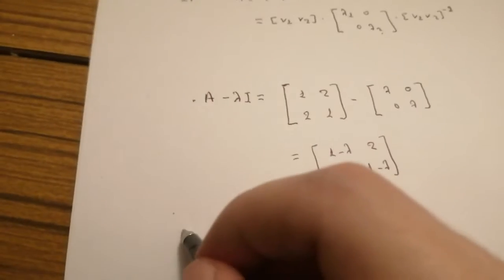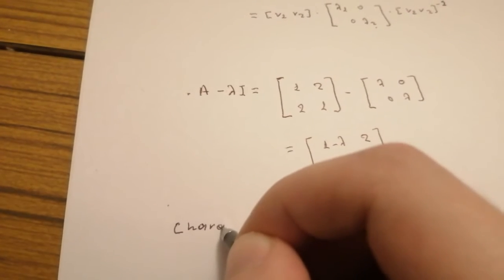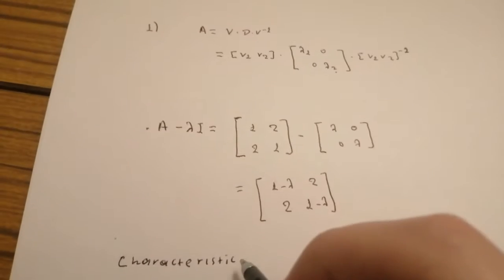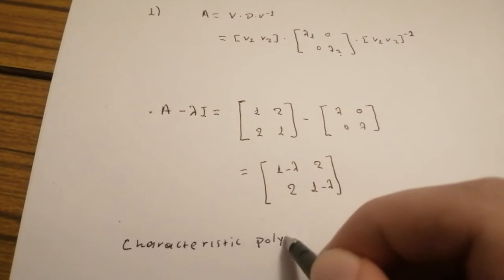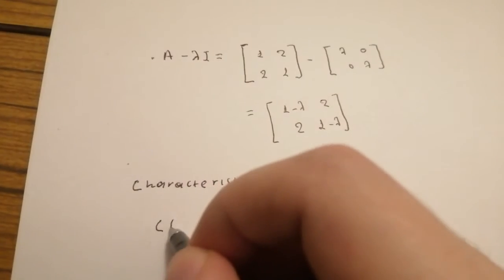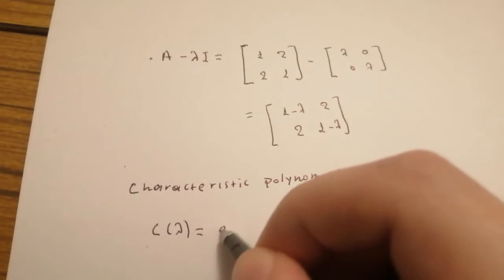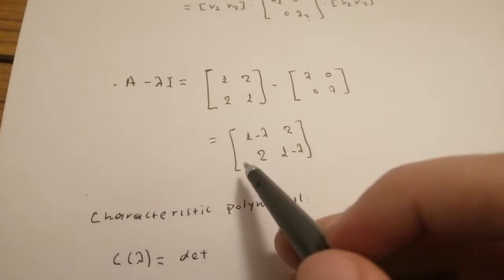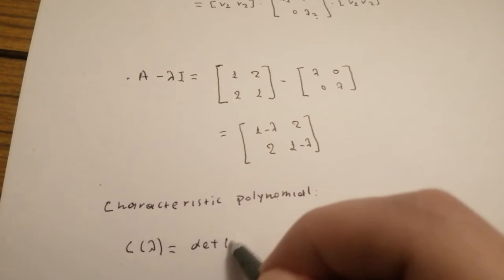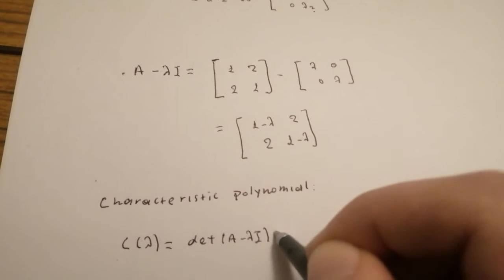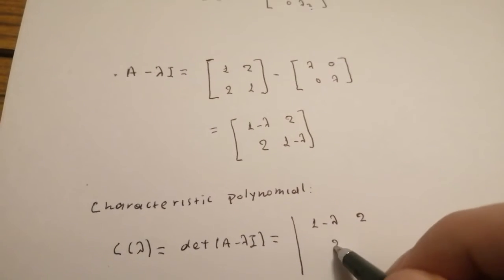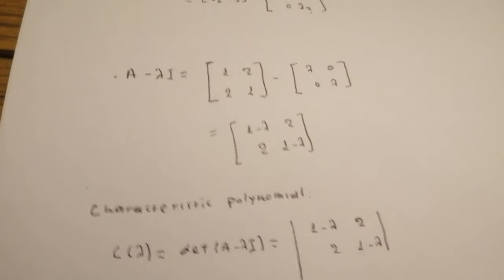The characteristic polynomial now is the determinant of A minus lambda I. So it's the determinant of the matrix 1 minus lambda, 2, 2, 1 minus lambda.